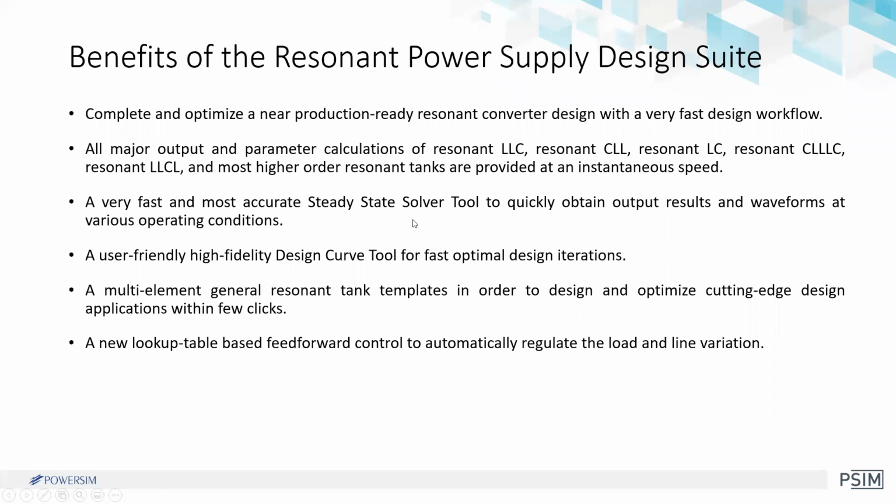The steady state solver, like I said, is very fast and accurate for analysis. The design curve tool lets you make different comparisons. It will help you in your iteration with the Excel file. And we have all these cutting edge examples supported there.